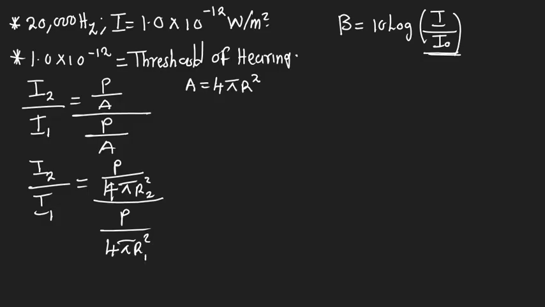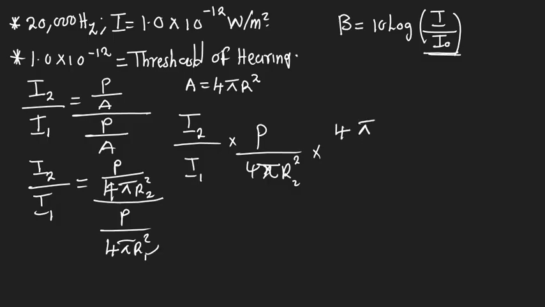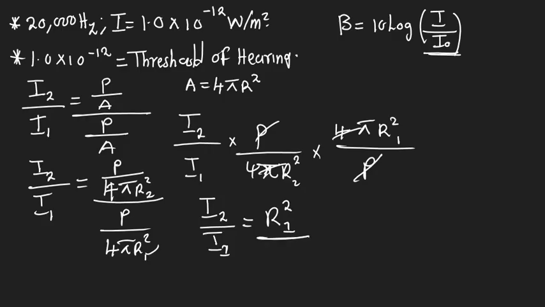Then this is just the same as intensity 2 over intensity 1 is going to multiply P over 4 pi r squared 2, then this guy is going to be on top, so it will be 4 pi r squared 1 over P. So this guy and that guy can go. Therefore, our intensity 2 over intensity 1 is going to equal r squared 1 over r squared 2.